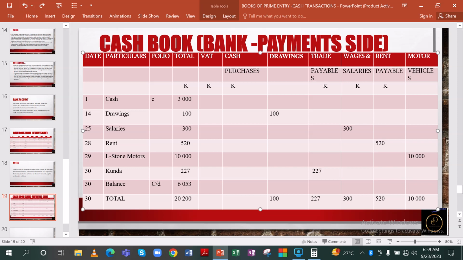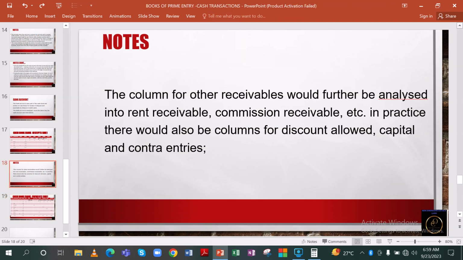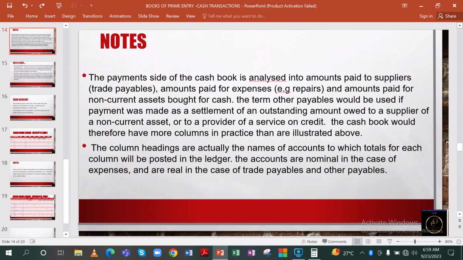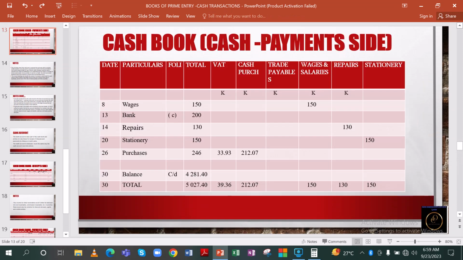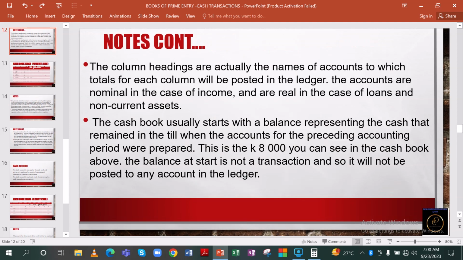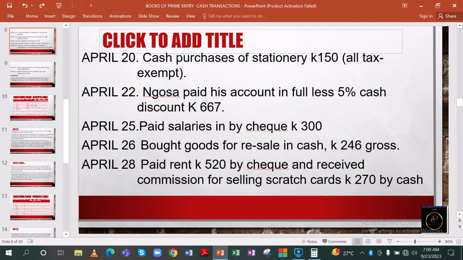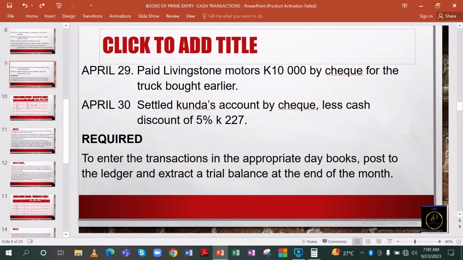Let's look quickly at the other transaction. What happened to the other transaction? That is on the 30th of April. Settled Kunda's account by check less cash discount 5%. So we are making a payment to Kunda. Kunda should have been our supplier, so we had got certain things on credit.